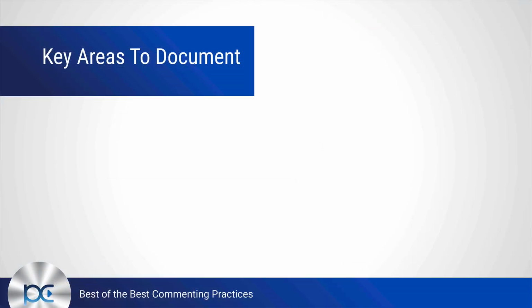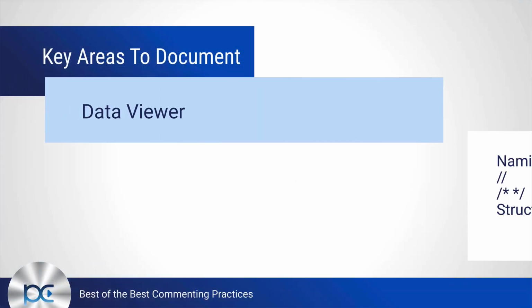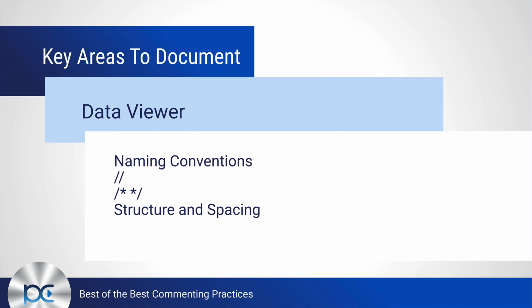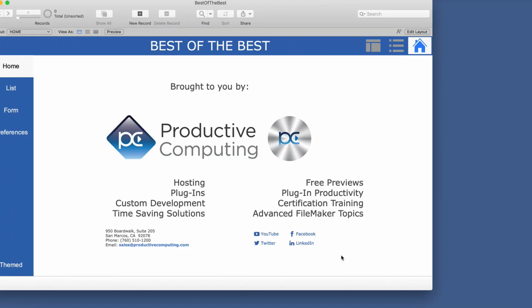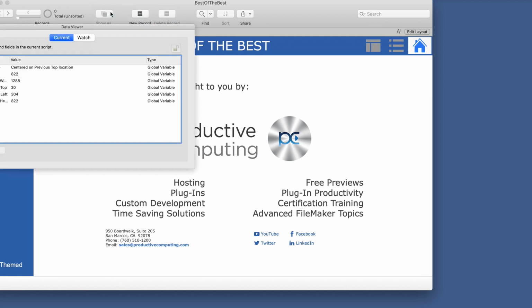You may have known about the calculation dialog and the custom functions, but what about the data viewer? There are many times when adding some comments inside a watched area can be very helpful. We have the same thing for structure and spacing. If we just copy everything here, then when we go into our data viewer, we want to add something to a watch.